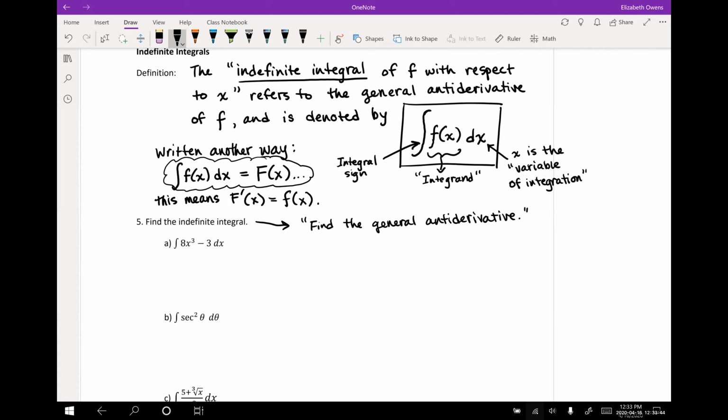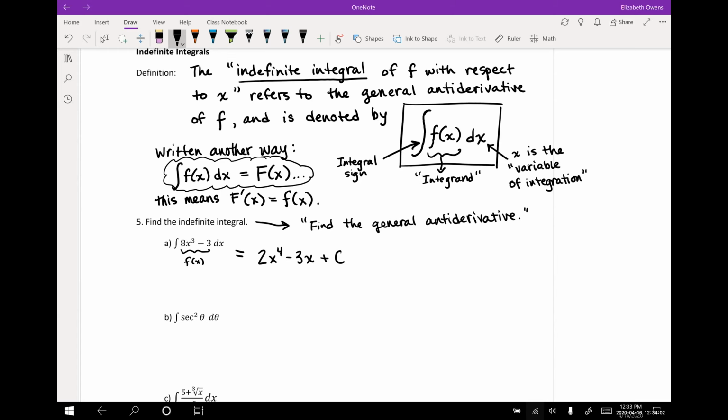So our function, the little f of x we're looking at inside here, is 8x cubed minus 3. And so he's got 2x to the 4th minus 3x plus c, and that's exactly right.